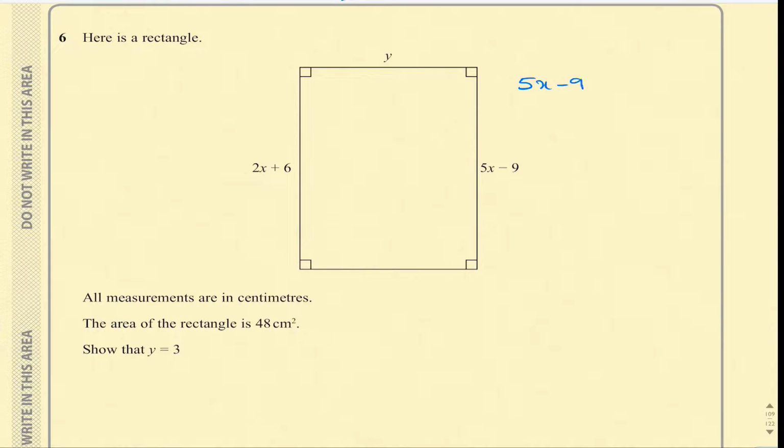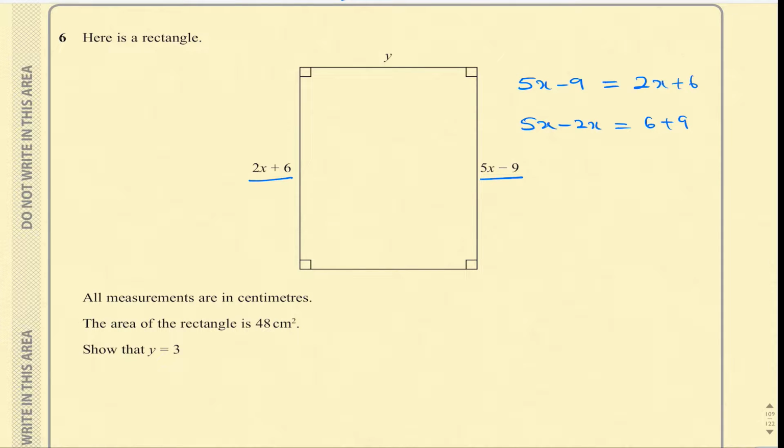5x minus 9 equals 2x plus 6. So 5x minus 9 should be equal to 2x plus 6. In this case, I need to bring all the like terms together. So 5x minus 2x equals 6 plus 9.